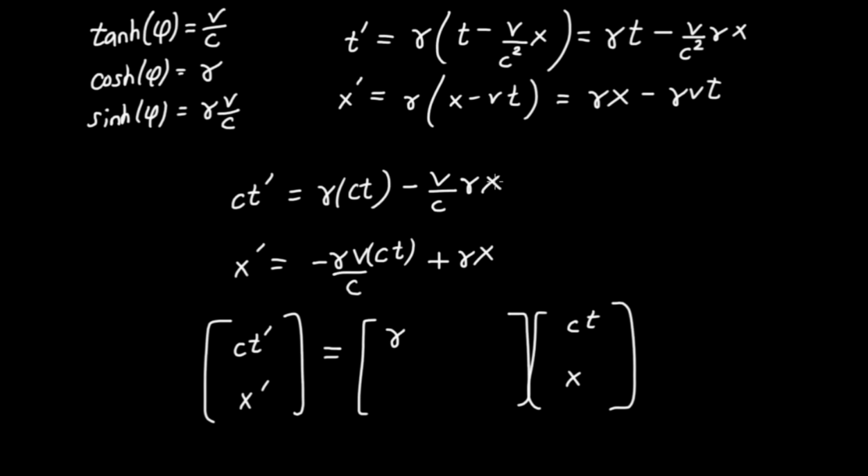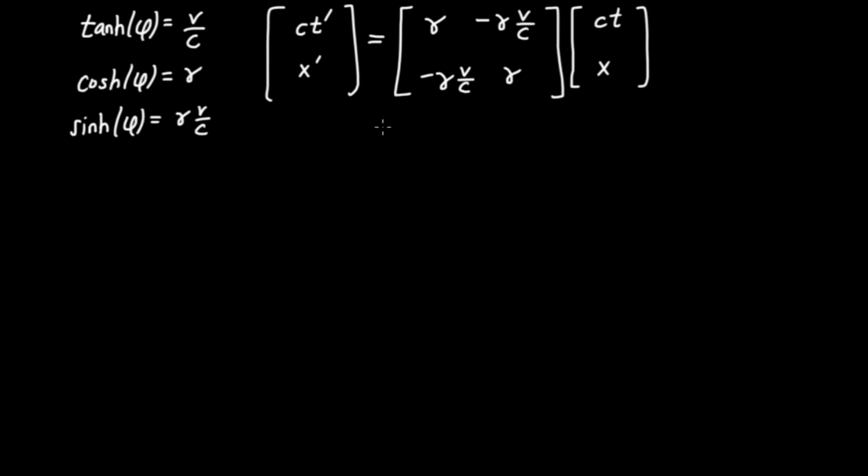The coefficient in front of x is minus v over c times gamma. Now the coefficient here in front of ct is actually the same one, minus v over c times gamma. And the final coefficient there is just gamma. So you see I was able to write the two equations for the Lorentz boost as a matrix times a vector, giving a new vector. And the coefficient matrix was as follows.